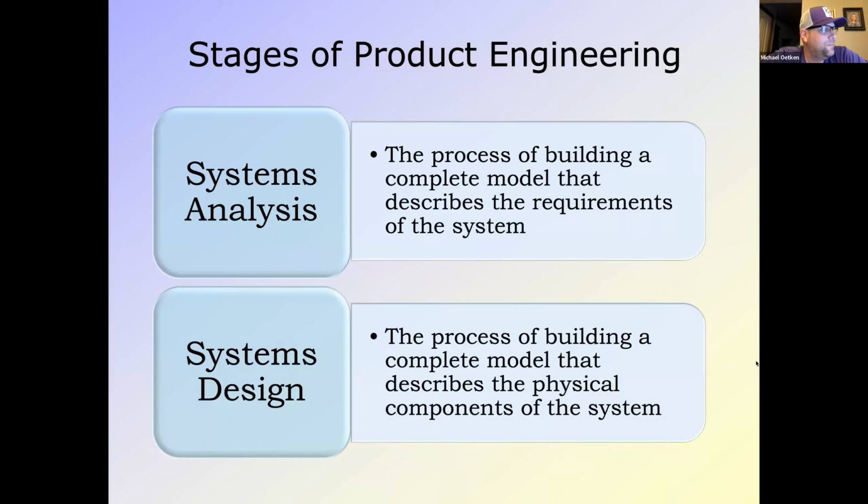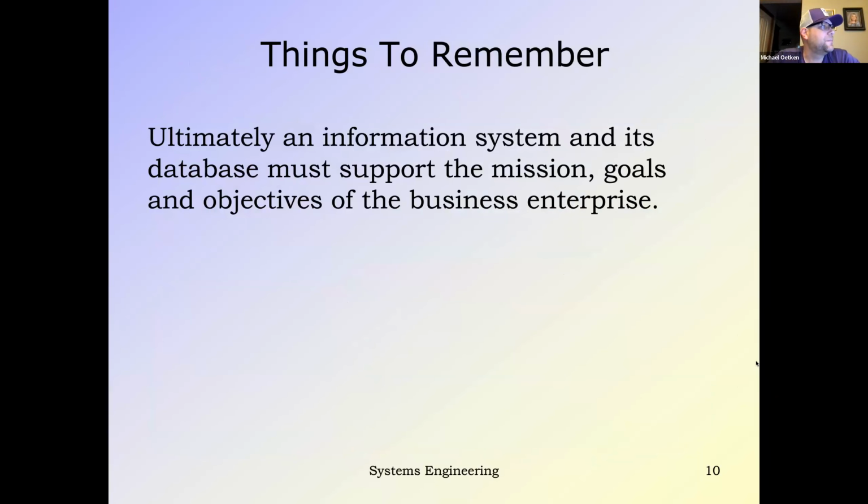That's an important step. And then the systems design, that's the actual process of building out that model and describing all of those physical components that are tied to the system. An important thing to remember is that ultimately an information system, and the databases tied into it, need to support the mission, the goals, and the objectives of that business enterprise.